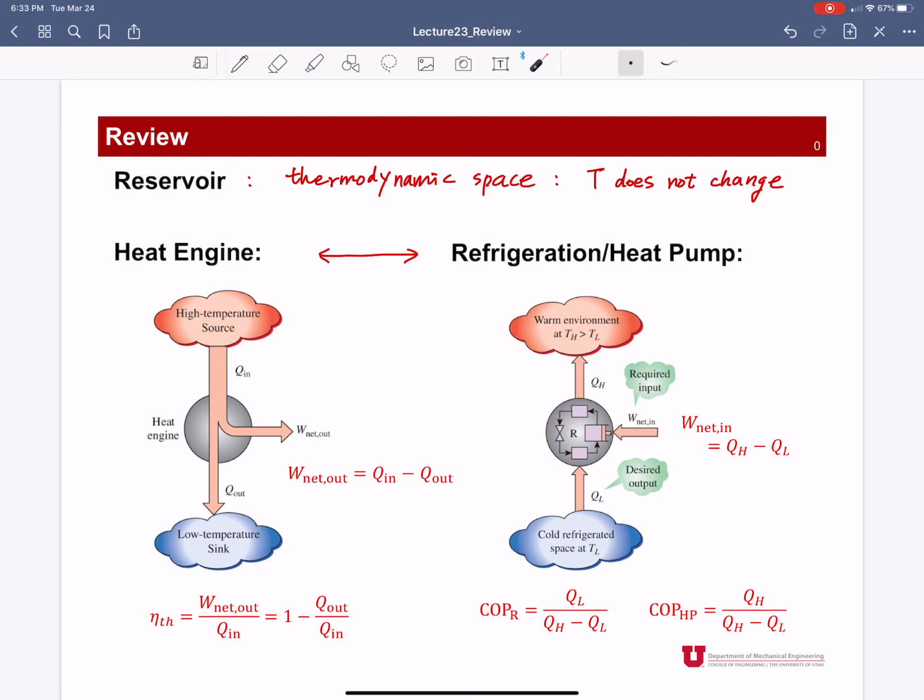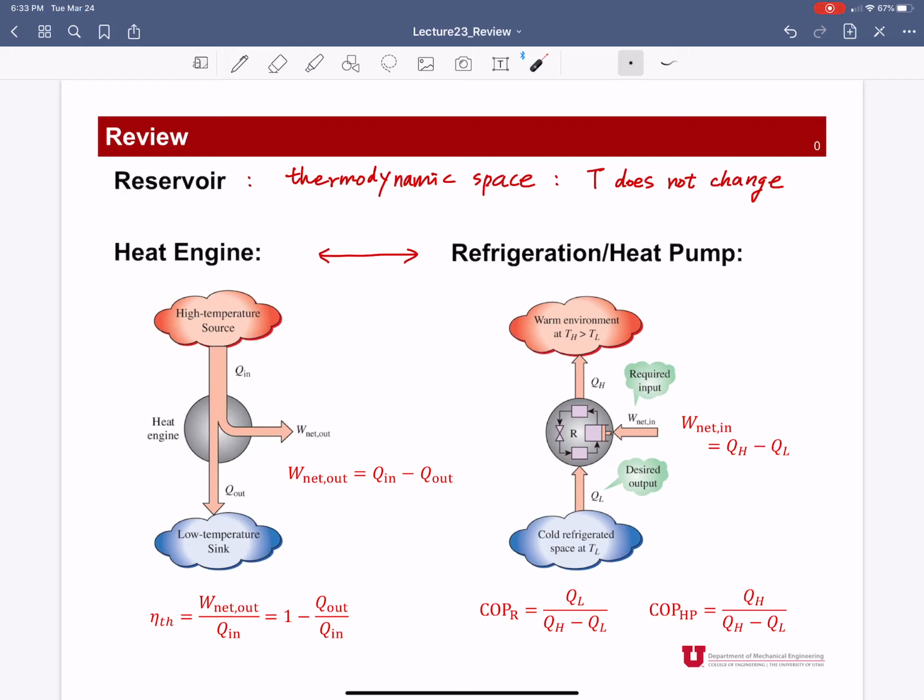Now, if you want to use the same cycle for heat pump, then your purpose is to put certain heat to your space that needs to be warmed. In this case, the desired output should be QH. And the required input to run that cycle is W net in.